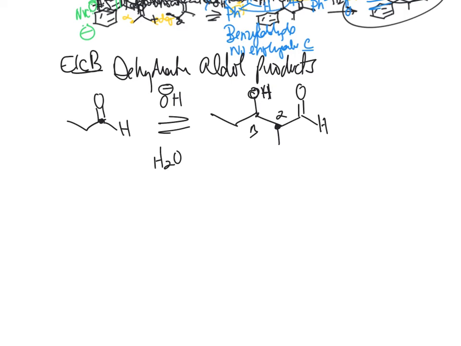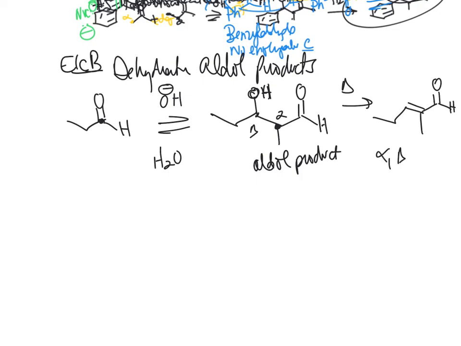Okay, so there's your aldol product, which is what we've been working with, and then you add a little bit of heat, and you get an alpha beta unsaturated aldehyde. This is called the dehydrated product. Let's make sure we have the right number of carbons. 1, 2, 3, 4, 5, 6. Okay, plus water. Because you're going to lose water.